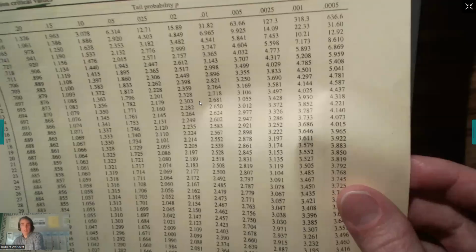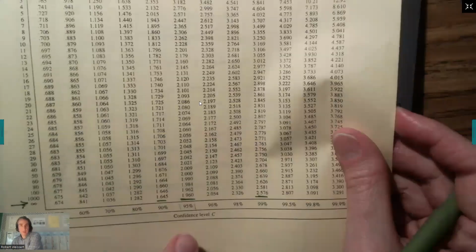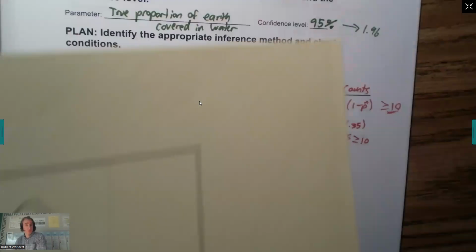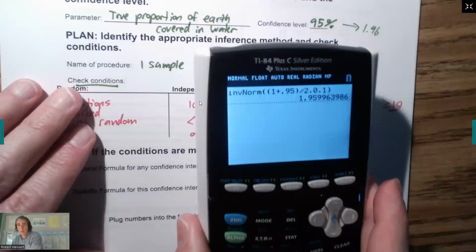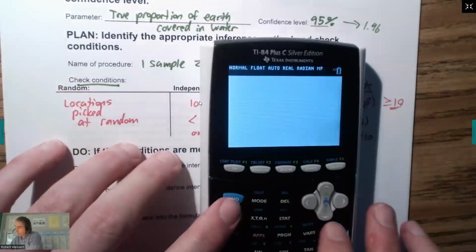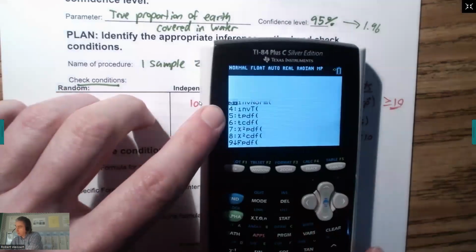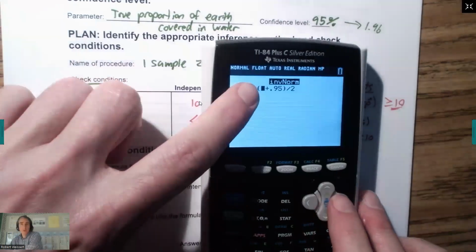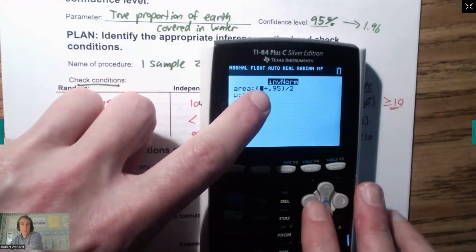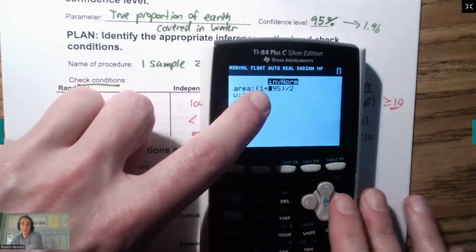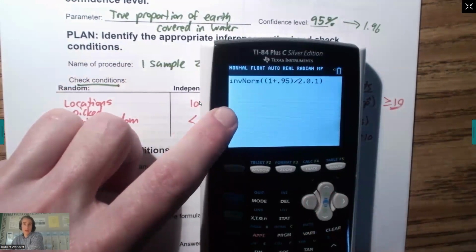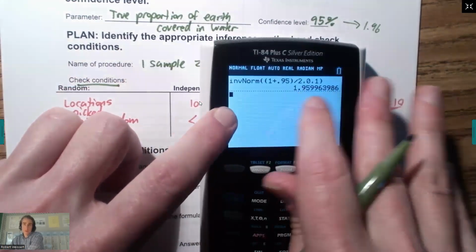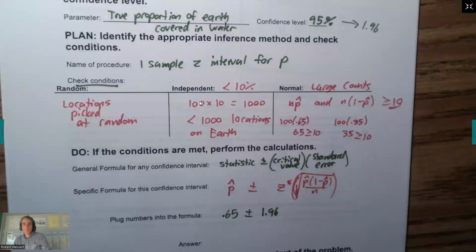So the very second to last page, 95%, 1.96, or you can use your inverse norm and average that with 1. Again, not everybody has a center option. So when you're using inverse norm, second vars, third option down, average your 95% with 1. So do parentheses 1 plus 0.95, close the parentheses, divide by 2, leave that as 0 and 1. And that'll give you the z star that we're looking for, 1.96.